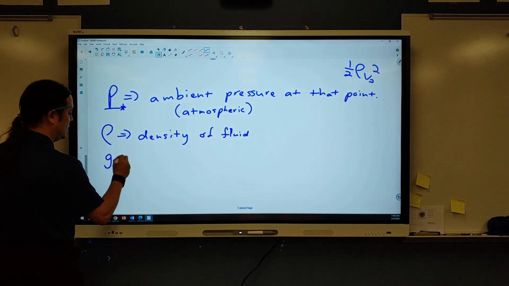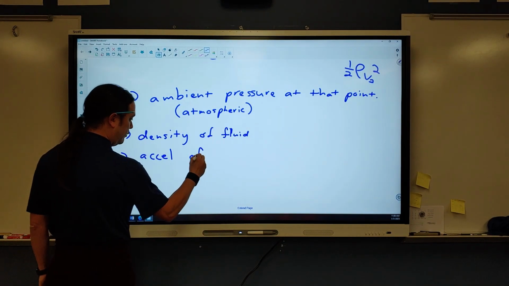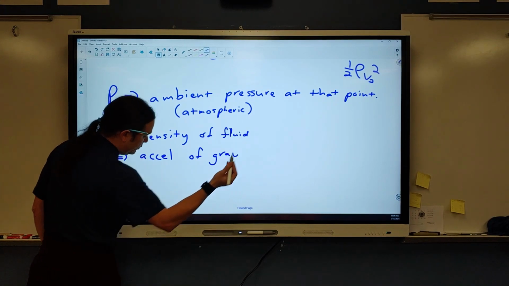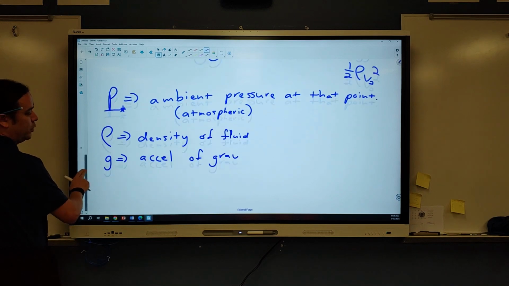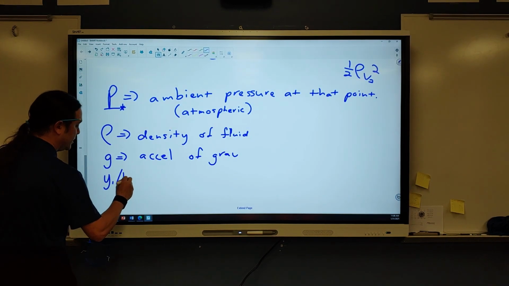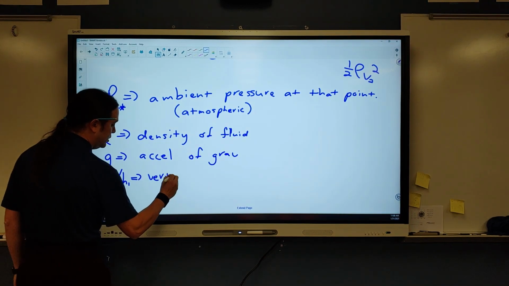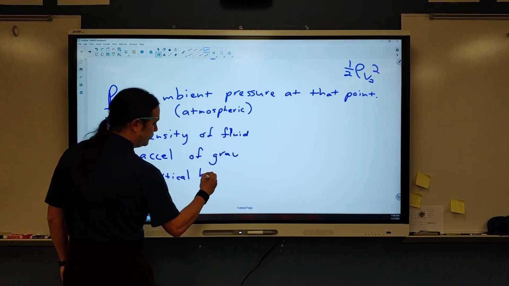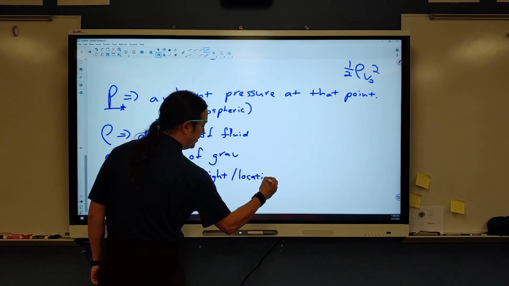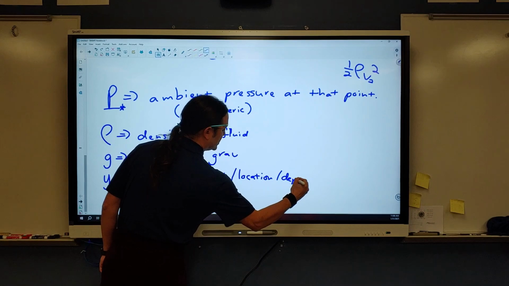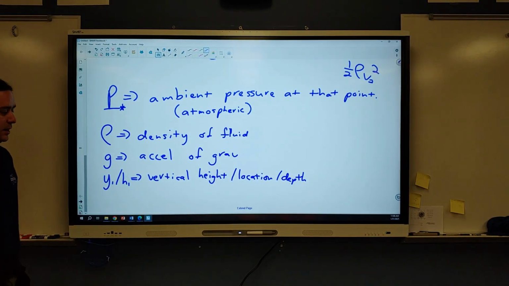Okay, g is the local acceleration due to gravity, or also phrased as the gravitational field strength. We've also got y1, or as you'll notice in my materials, I'll have like h1. This is the vertical height, location, or depth. Now it seems a little confusing, but when you start working with it, it'll usually make sense.